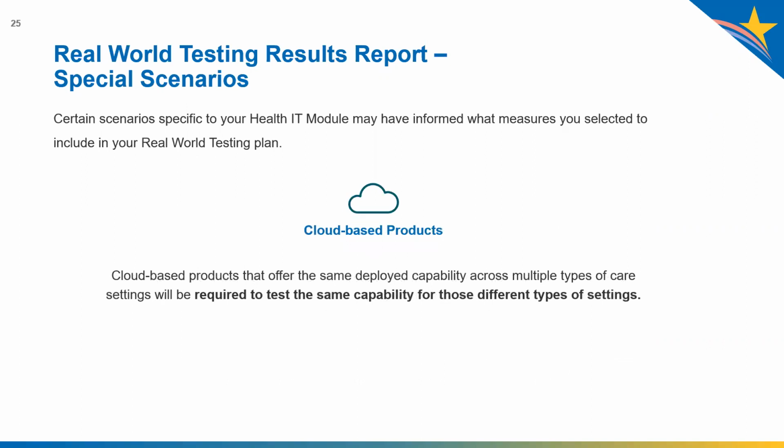Now for cloud-based products, just really quickly going to touch on this. You're going to still need to report on all of the care setting types in which your cloud-based products are deployed and being used, okay, and marketed.